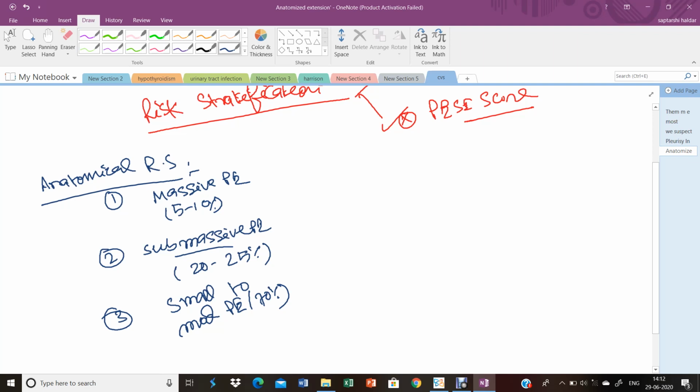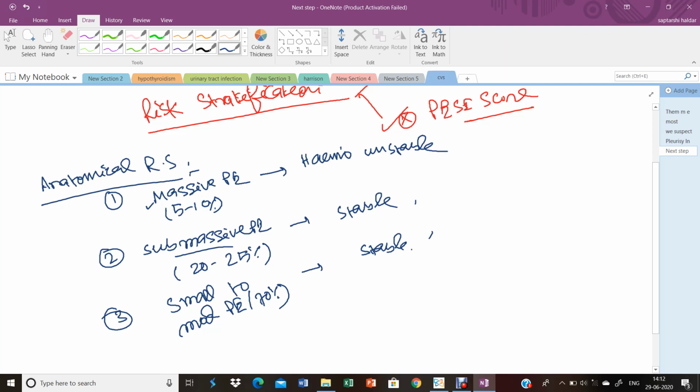What criteria satisfy massive pulmonary embolism? First, in these cases the patient is hemodynamically unstable. In these two cases, the patient is hemodynamically stable.